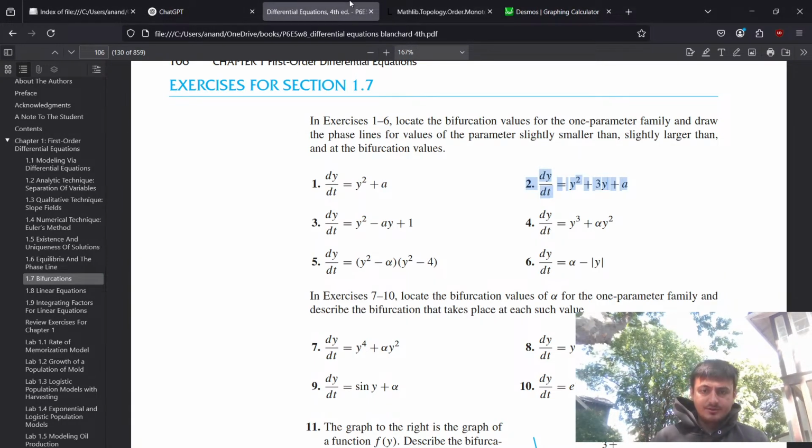Now we are going to do y squared minus ay plus 1.